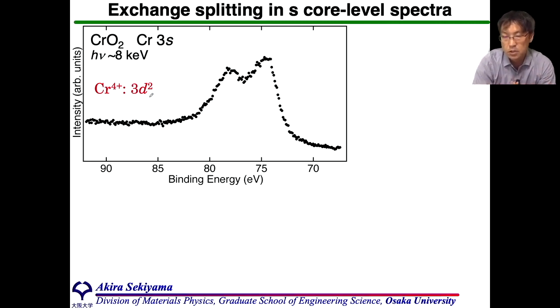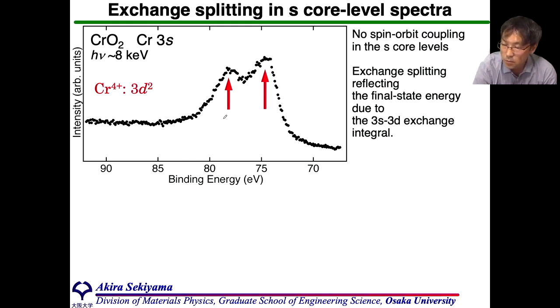Therefore, usually the s core-level spectra should be single peak, but we see the two-peak structure in the chromium 3s binding energy area. It should be noted that accidentally overlapping of the other core level is not seen because 3p level is located around here and there is no oxygen core level peak around here.